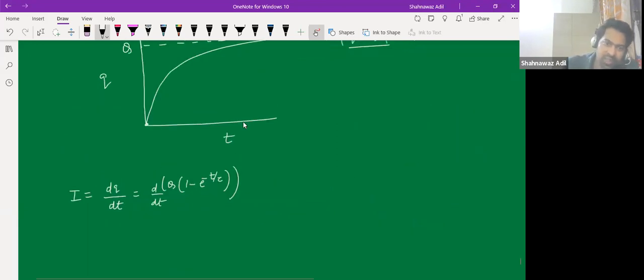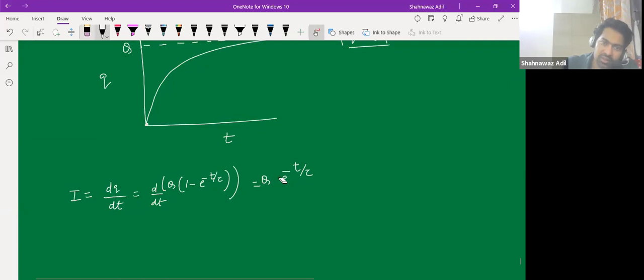If we differentiate this, Q is a constant, so this would be simply e to the power minus t by tau, and the minus 1 by tau will come in multiplication.